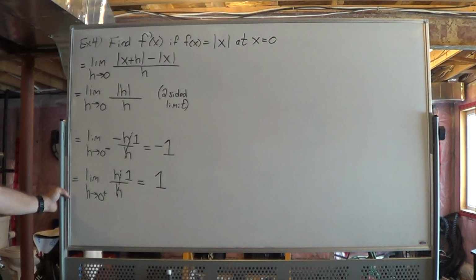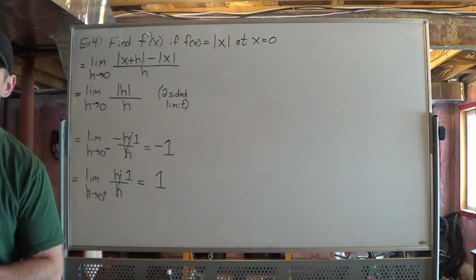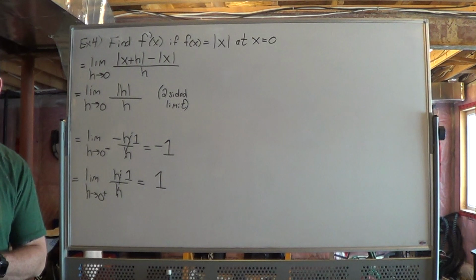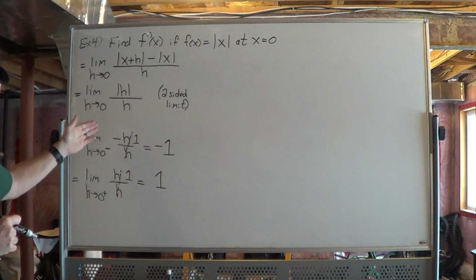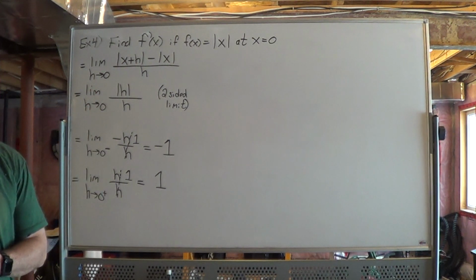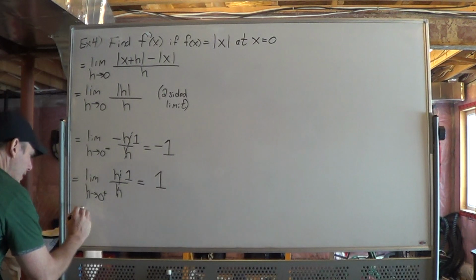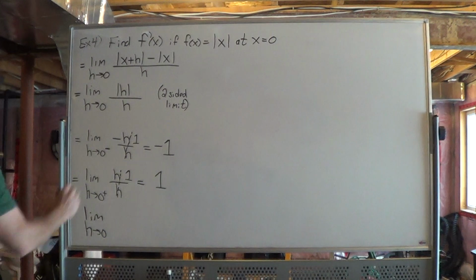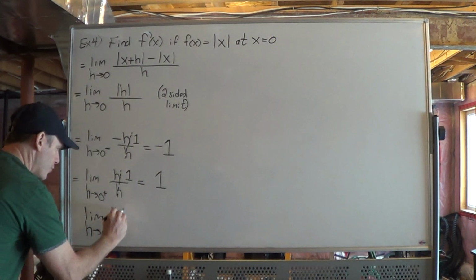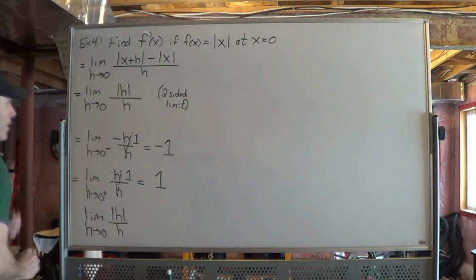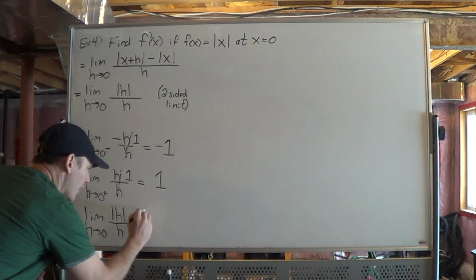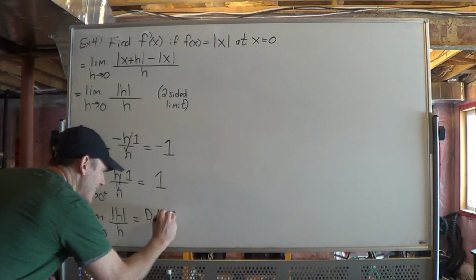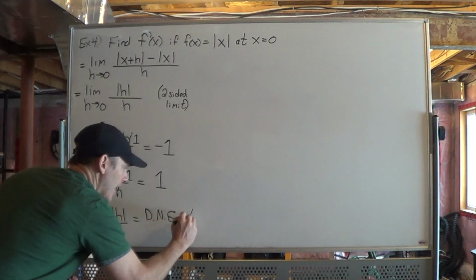And so in this case, because this was key in our last culminating assessment task, because the left-handed limit and the right-handed limit are not equal, the limit as h approaches 0 of the absolute value of h divided by h does not exist at x equals 0.